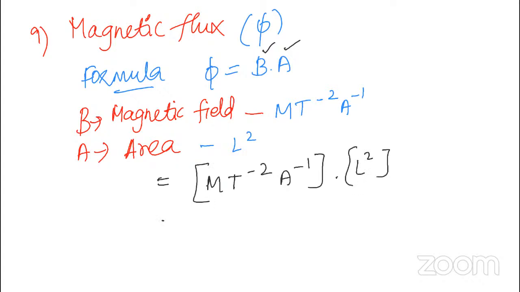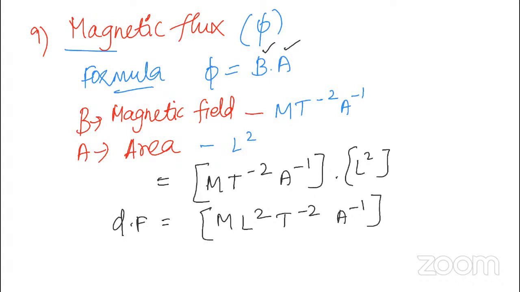That is M L square T power minus 2 into A power minus 1. So this is the dimensional formula for magnetic flux.